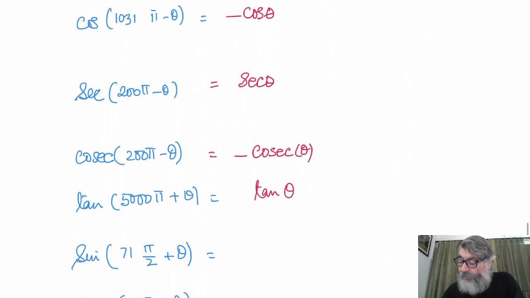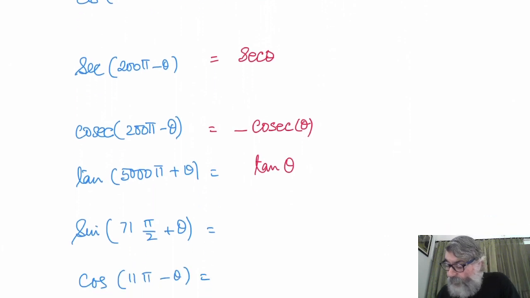Now again there is in between, sine of 71 pi by 2 plus theta. 71, if you divide by 4, so what will we get? 4 1 the 4, 4 7 the 28, 3 will be remainder.